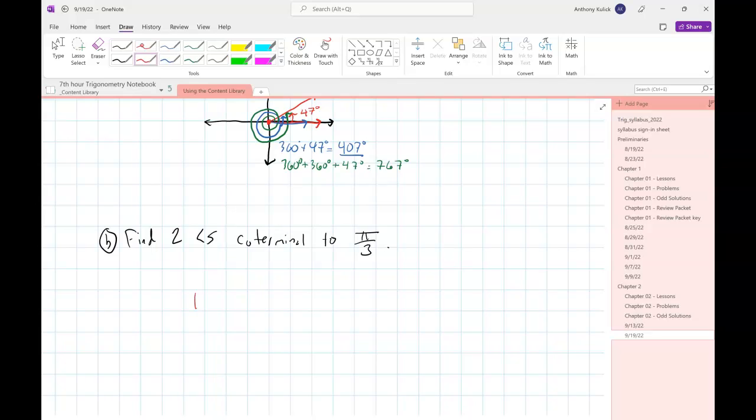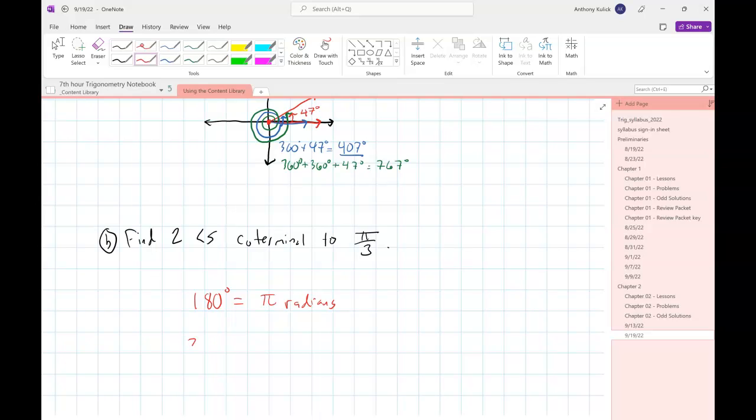In section 2.1, we observed that 180 degrees is equal to pi radians, right? In the previous example, to find a coterminal angle, how many degrees did we have to add, or subtract? 360.